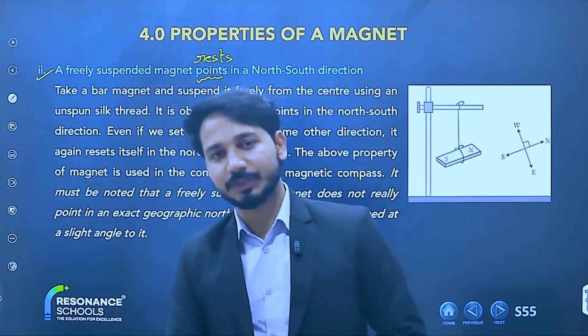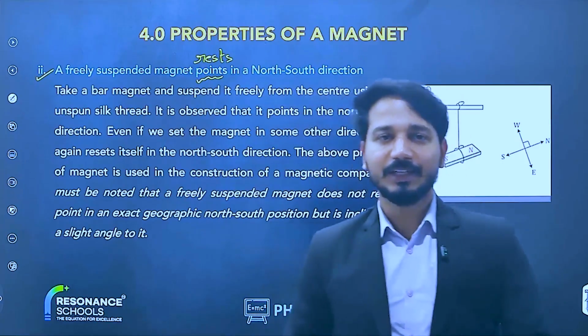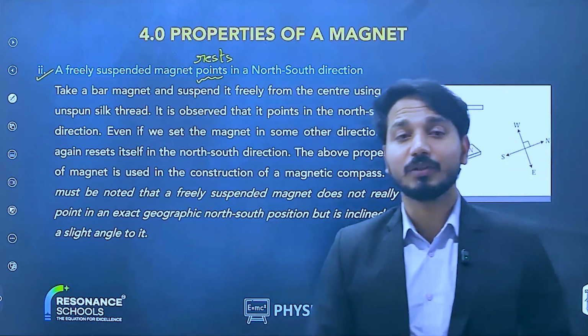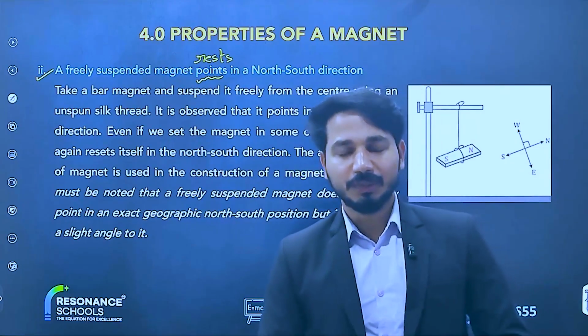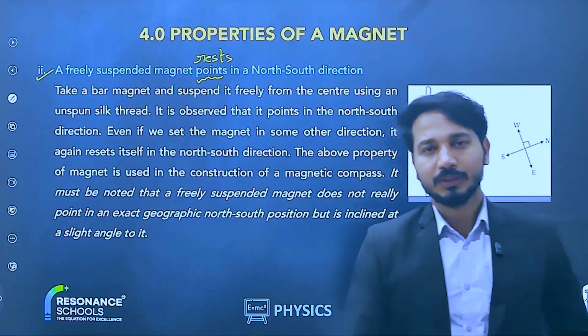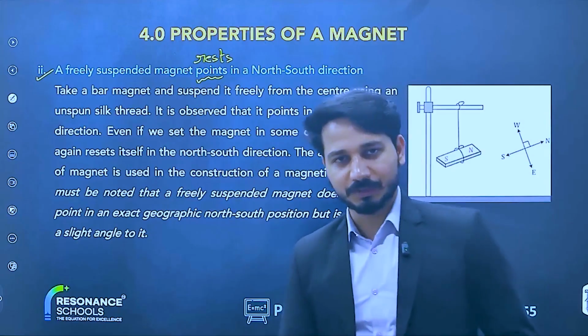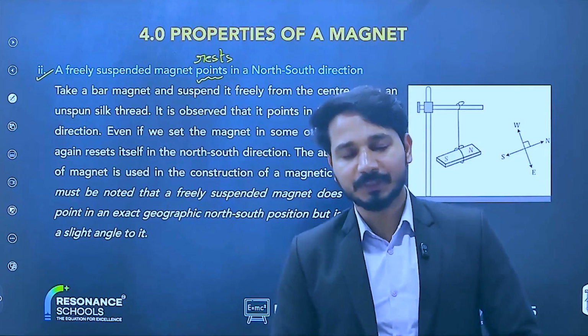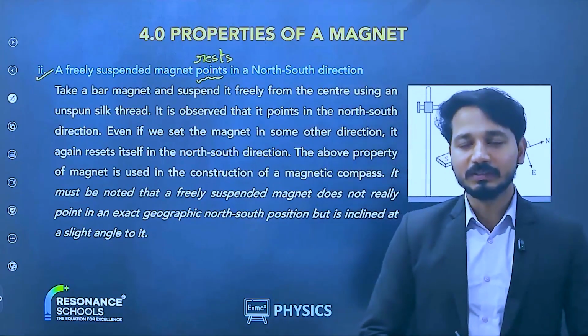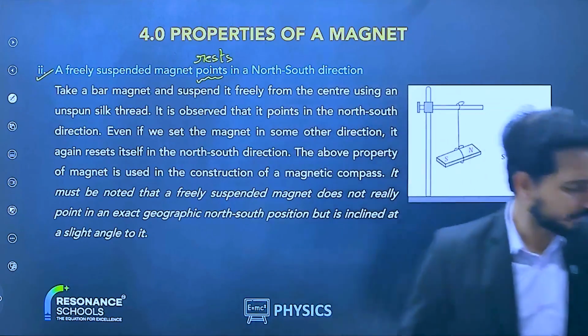Earth also behaves as a magnet, right? It is an assumption, geographic north and south. You will study this in your further grades also. So because of this attraction property of the Earth, the magnet when suspended freely rests in the north and south direction. Right, Nived? Nived has asked, no?